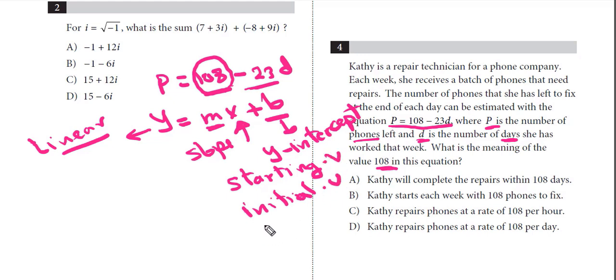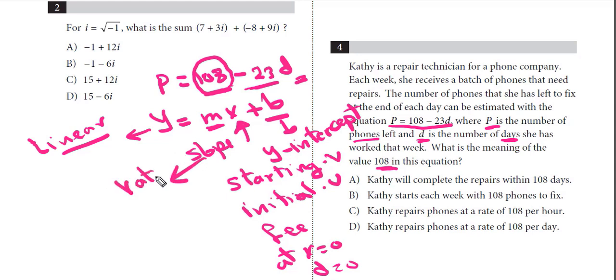Or if the question has a fee, then it will represent the fee, at x equals 0. In this question, at D equals 0, it means the starting amount. But the slope here means the rate of change of P with respect to D, the increase or the decrease in P, on y itself.